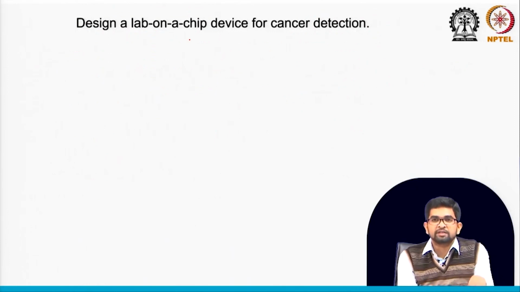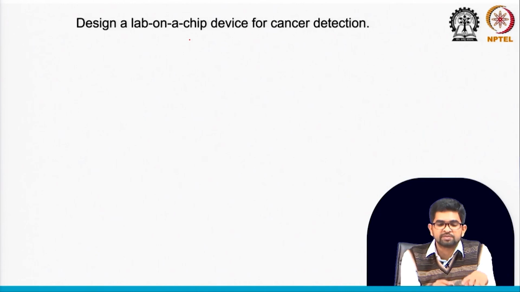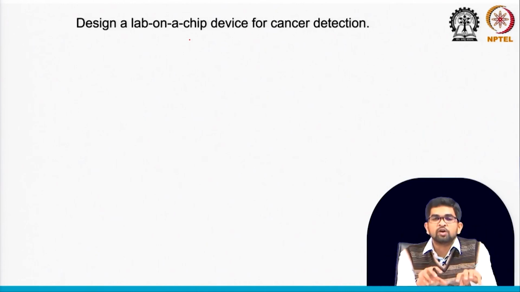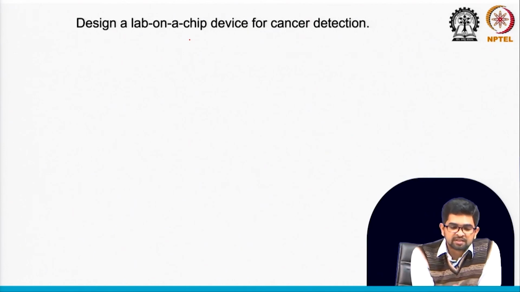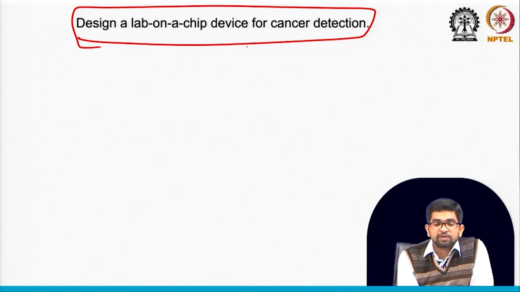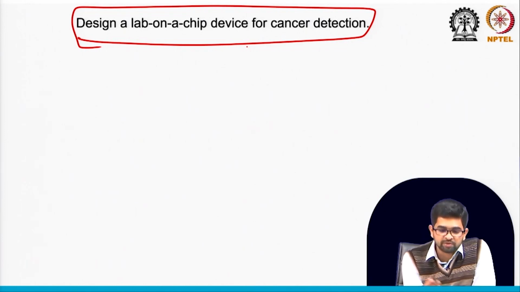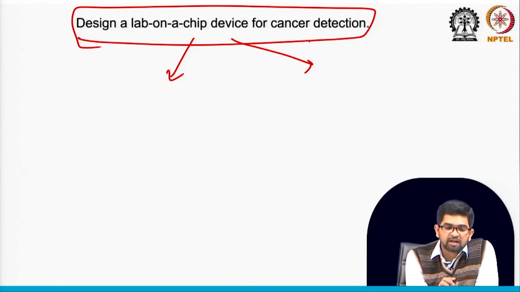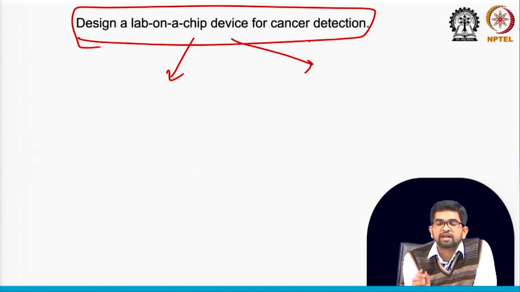Now here, in this problem, this is again a generic concept, so whatever you learn, let's bring it all together in this problem. Suppose this can also be a project for you, for students who are thinking about higher study. You may want to go to another university for an internship, or maybe for a one year project. You may think about a small project, like how to design a lab on a chip for cancer detection.